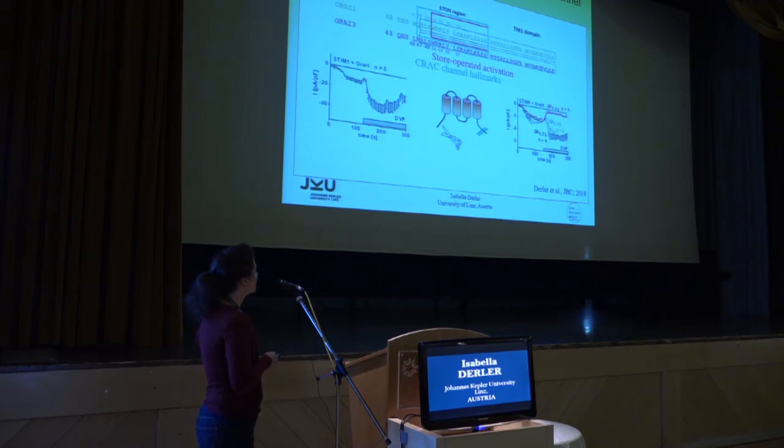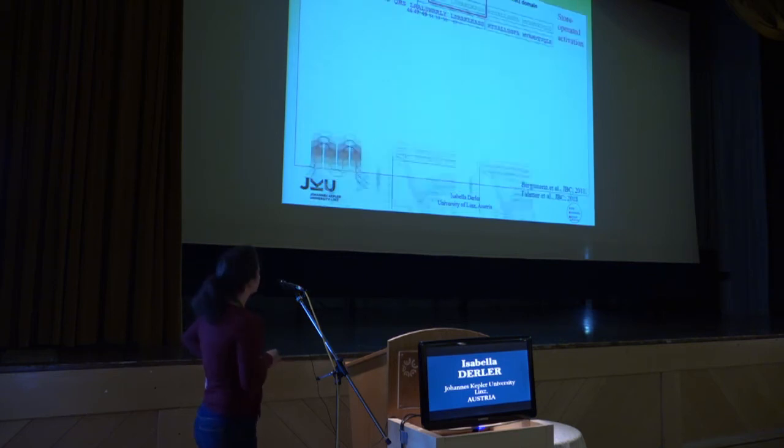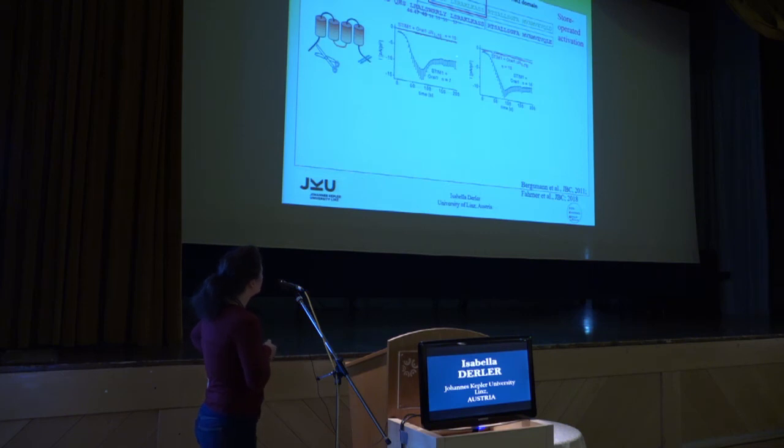In a further step, we wanted to know how it looks for other ORA isoforms. I mentioned before that this region in here is fully conserved, so one would expect the same to happen for ORA2 and ORA3, but this was not the case. As you see here, for ORA1 deletion mutants 76 and 78, you get loss of function.